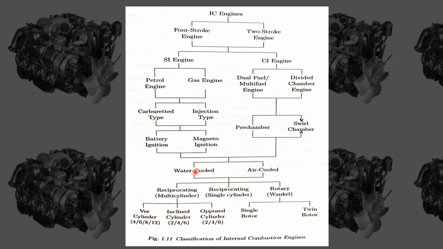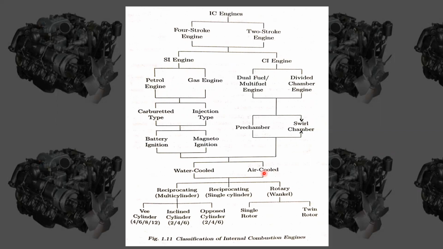We need to incorporate several water jackets around the engine to cool several parts. We already studied the components of the engine, and to cool all those parts we have to provide jackets around them.